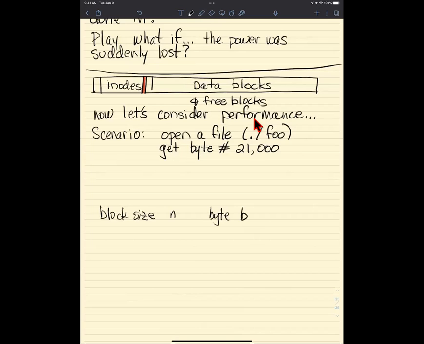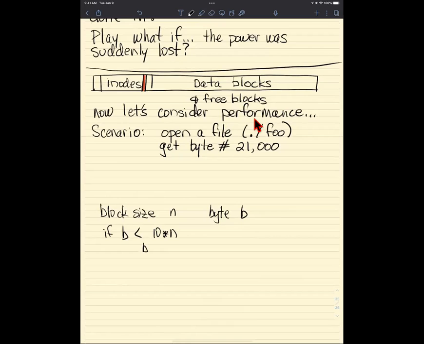Okay, so how do we find the block within the file that contains byte b? Well, if b is less than 10 times n, then the block number is equal to b divided by n.